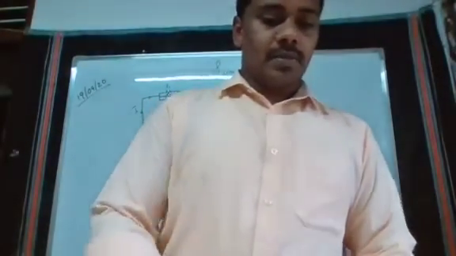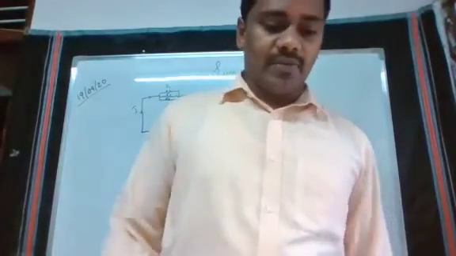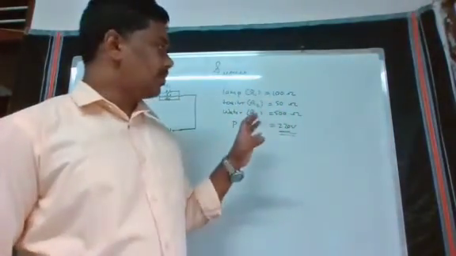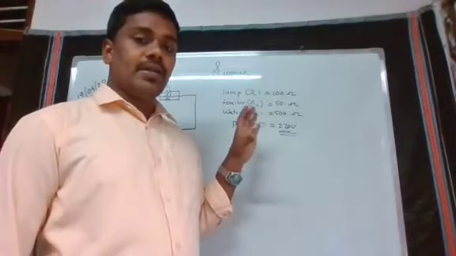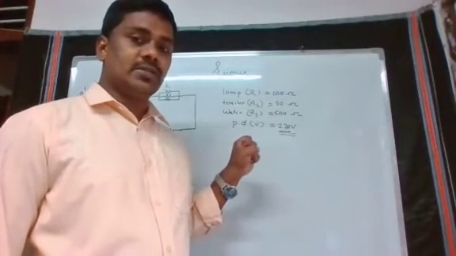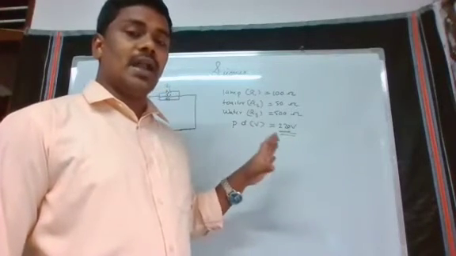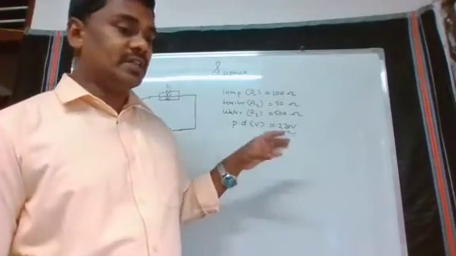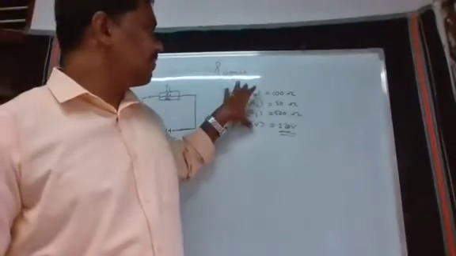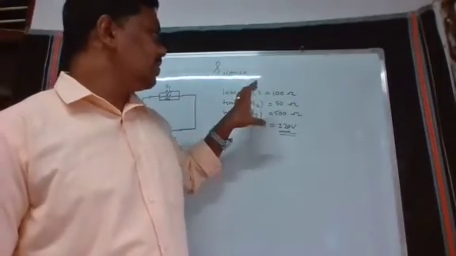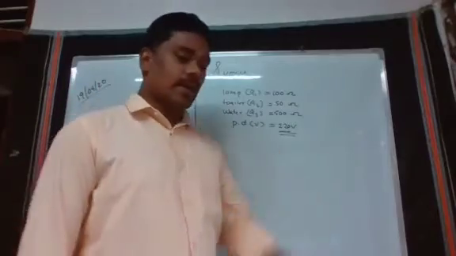First, we want to find the resistance of the electric iron and the current through it. If we find the current used by these three, we will get the current, and we will get the resistance also.